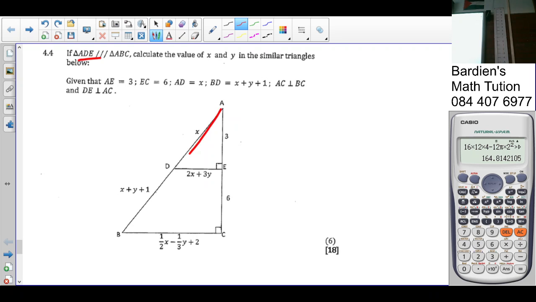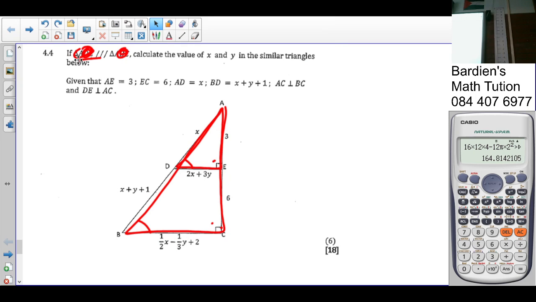So ADE is similar to triangle ABC. So the order is in the right order as well. The equal angles, like it is here, A is equal to A, D is equal to B, and C is equal to E, or E is equal to C. Can you see that? So the order is important though. Very, very important. Why is that important?